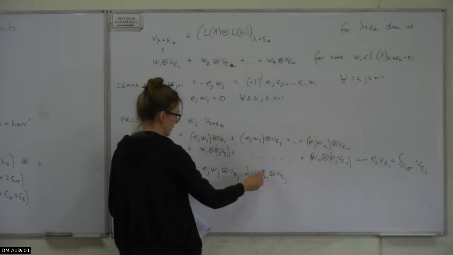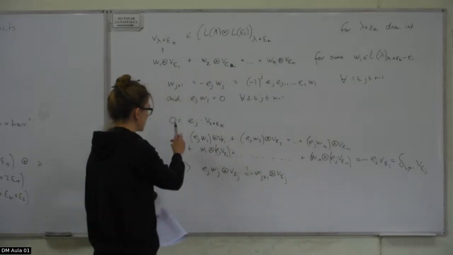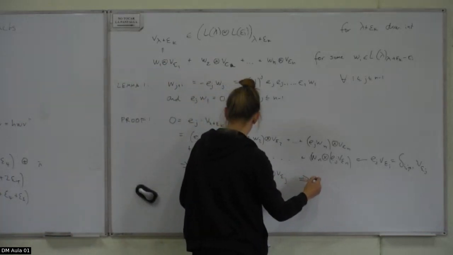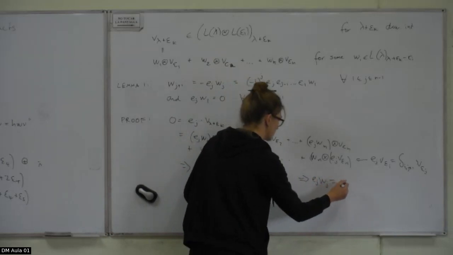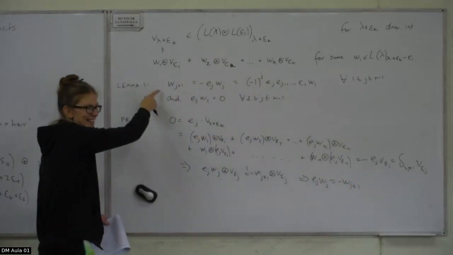So that's coming from the second line, that's coming from the first line, but since the sum needs to be 0, these guys must be the same. So E_j W_j must be the same as minus W_{j+1}. And up to the sign, this is what's standing up here.